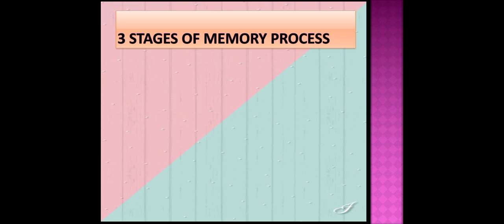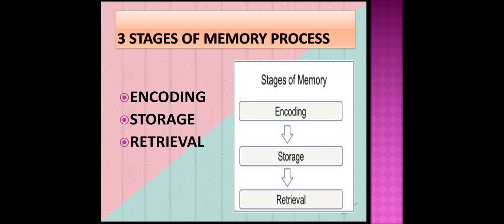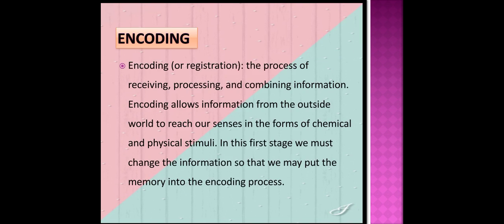So there are three stages of memory process: encoding, storage, and retrieval. What is encoding?